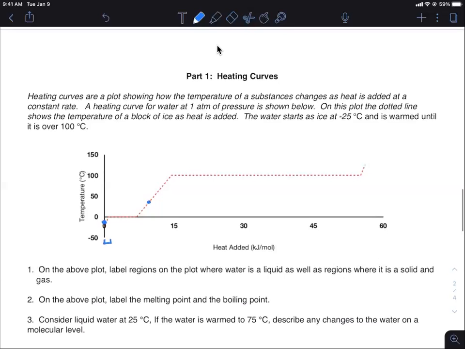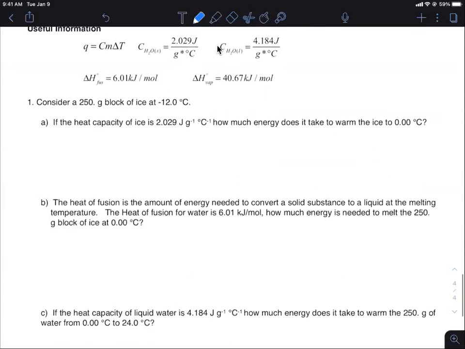Then we need to calculate how much heat it takes to melt that ice into liquid. And then we need to calculate how much heat it takes to warm that liquid until it's at 24 degrees. So we have 3 parts, 1, 2, 3. Then we can add those 3 parts together to get the total amount of energy it takes to warm this piece of ice. So I'll scroll down here to our problem.